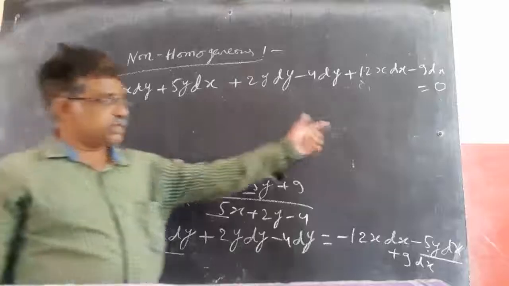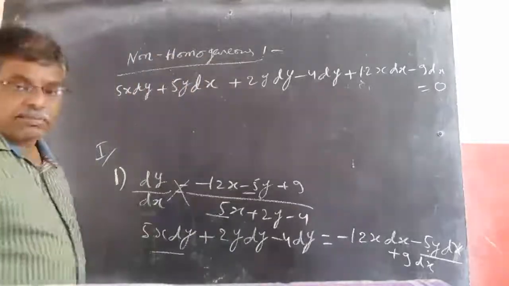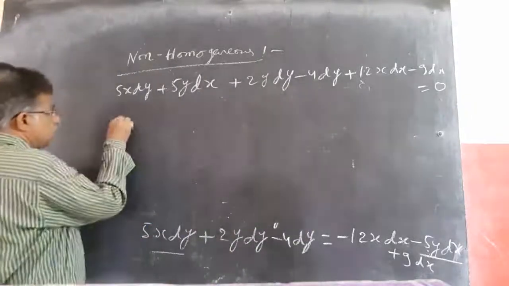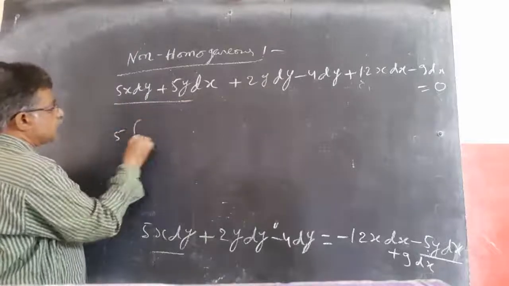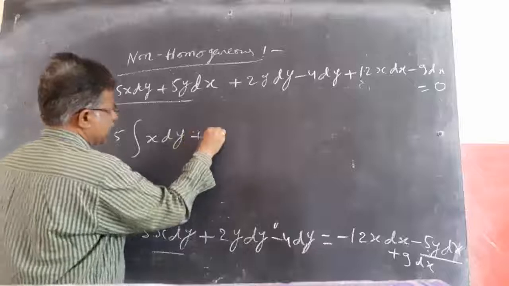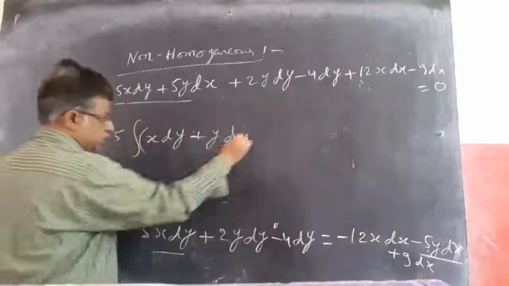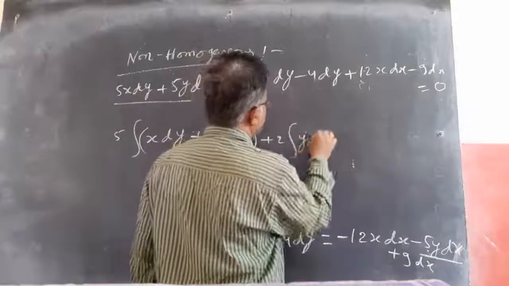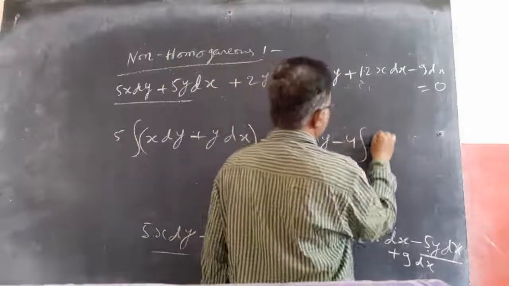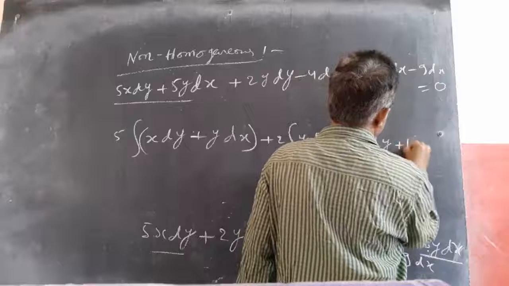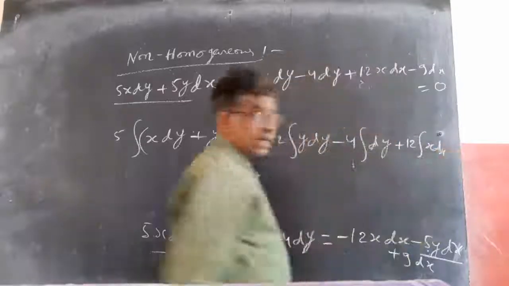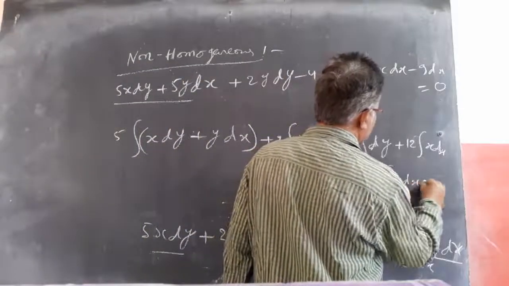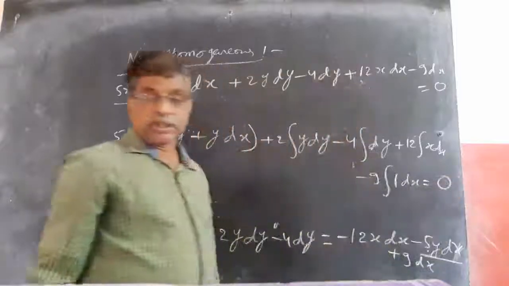Now integrating on both sides. Taking 5 common from these two: 5 into integral of x dy plus y dx, plus 2 into integral of y dy, minus 4 into integral of dy, plus 12 into integral of x dx, minus 9 into integral of dx, equal to 0.